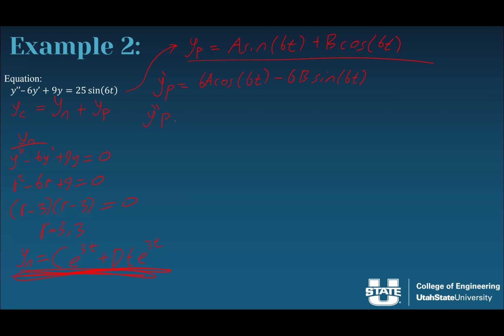What would our y double prime of our particular solution be? Cosine of 6t, right? Yeah. Yep. So boom, there's our derivative and there's our double derivative.